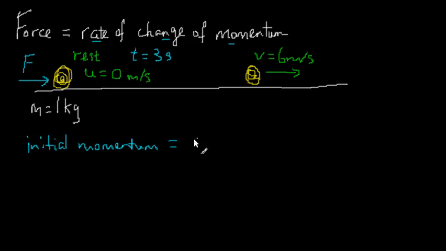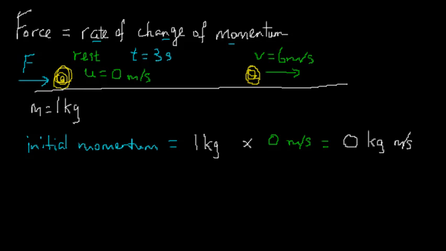So the mass is 1 kilogram times the velocity at first, 0 meters per second. So the answer is just 0, but you mustn't forget the units: 0 kilogram meters per second.